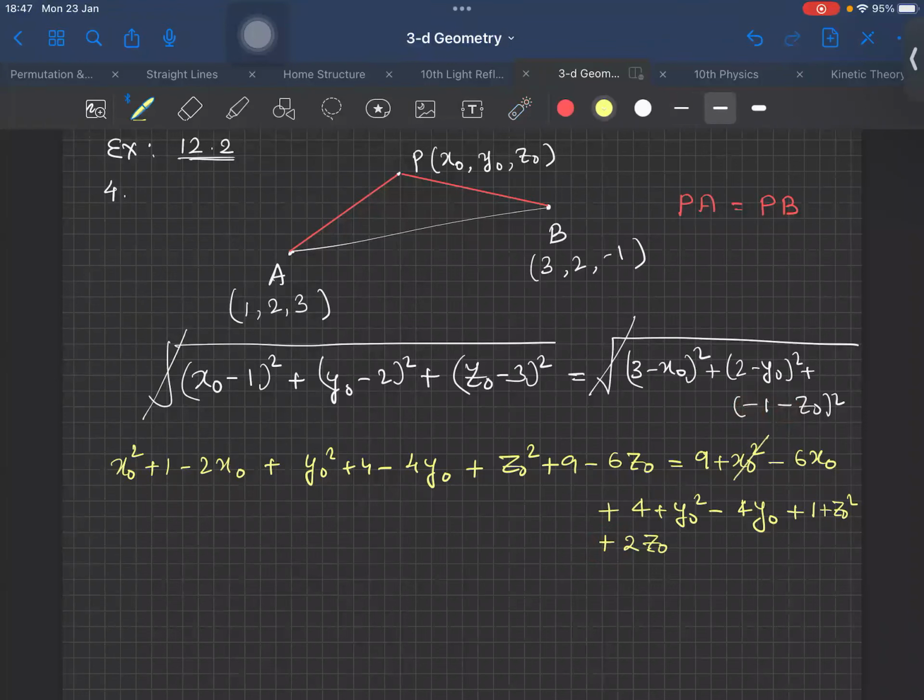So we can just remove: x naught minus x naught will be 0, y naught minus y naught will be 0, z naught minus z naught will be 0. So what are we left with? The y naught terms also get cancelled. Plus 4, this side also plus 4, so we can cancel. So what are we left with? x naught terms: this will become 4x naught, right?